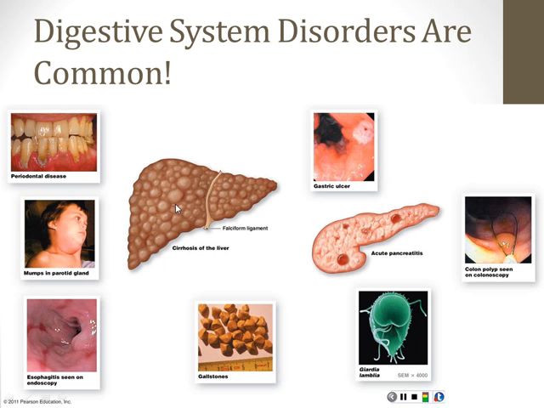The problem with this is not just a change in shape, but as the liver gets harder and harder, it gets harder for blood to pass through it. So we end up with a backup of blood that's trying to pass through the liver. So some of the common symptoms of cirrhosis result from the resistance to the flow of blood through the liver. So just a couple examples.